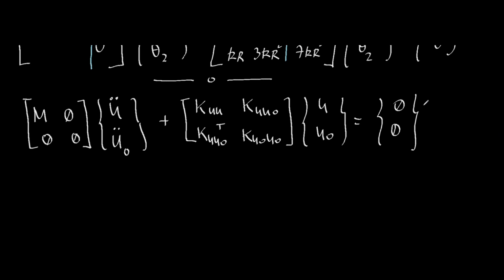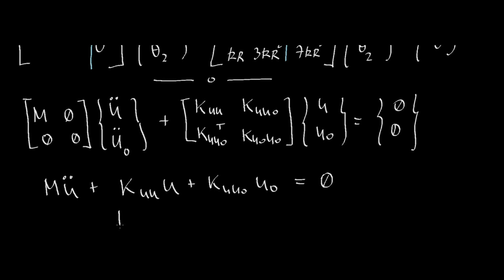This system then can be solved in the following way. The first equation will be m times u double dot plus k u times u plus k u sub 0 times u sub 0 equals 0, and the second will be k u 0 transpose times u plus k u 0 times u 0 equal 0.